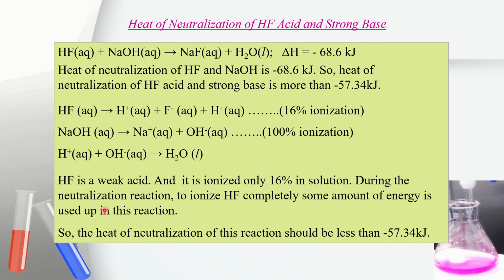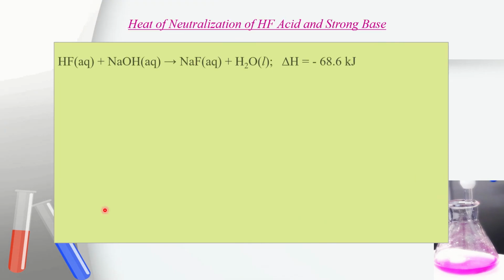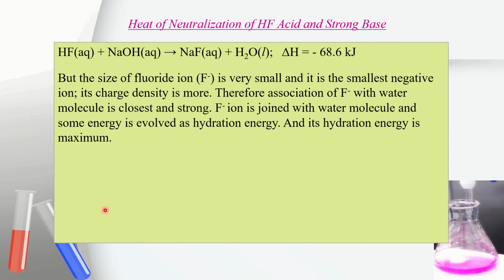So the heat of neutralization of this reaction should be less than minus 57.34 kilojoule because some energy is used up by hydrofluoric acid. But why is the heat energy more than 57.34? Look, when hydrofluoric acid is ionized, hydrogen ion and fluoride ion are produced.